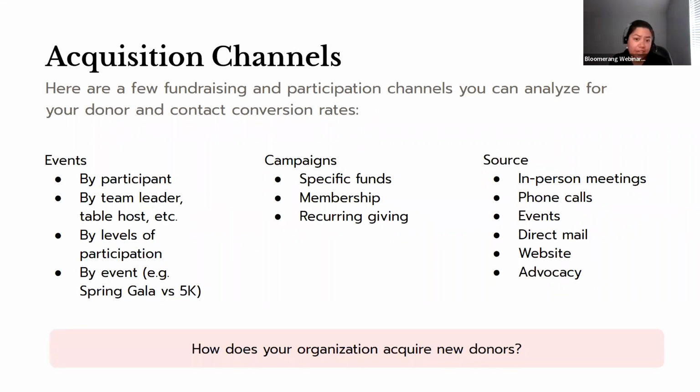What acquisition channels are you currently using, and how are they performing? This will help you concentrate your efforts. If you find, for example, that you are getting a lot of new signups from your website and not a lot through direct mail, you can channel that energy, time, and budget into improving that website experience.